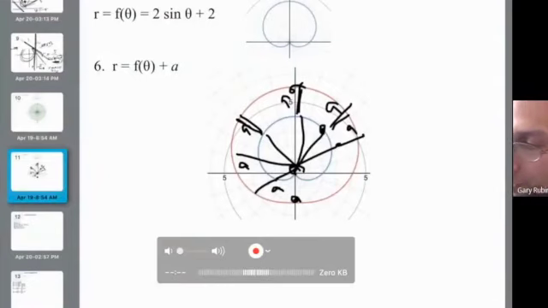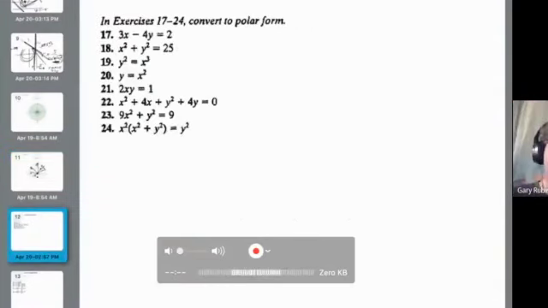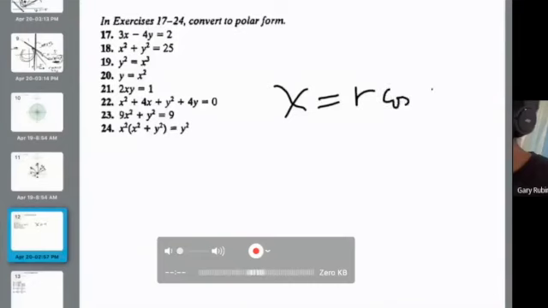But there's something that I want to show you that I probably could have shown you long ago, and I just didn't. I want to mention it now because it's related to what's on the homework. So you may get some kind of really unusual equation in rectangular form, and we want to change it into polar form. Well, changing from rectangular to polar is particularly easy because you can always just change x into r cosine theta and y into r sine theta.